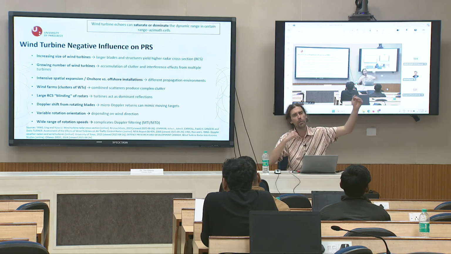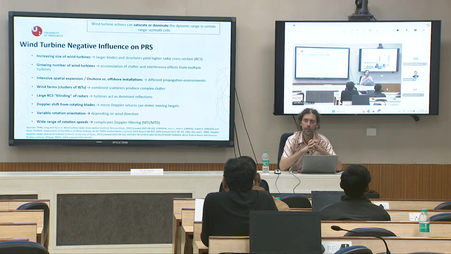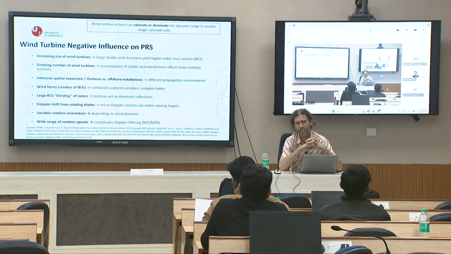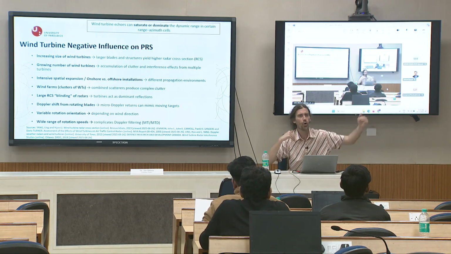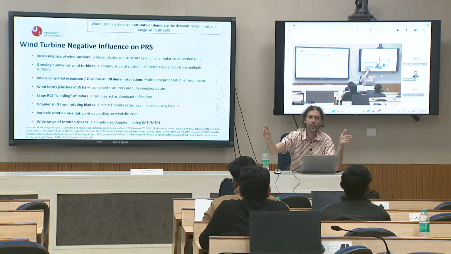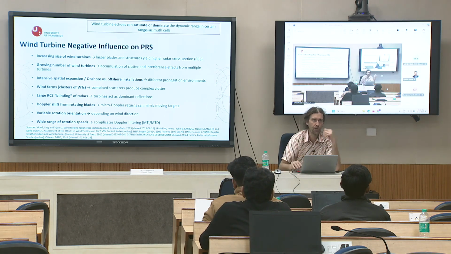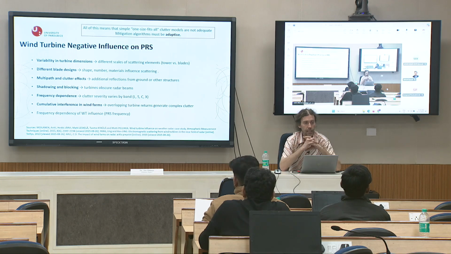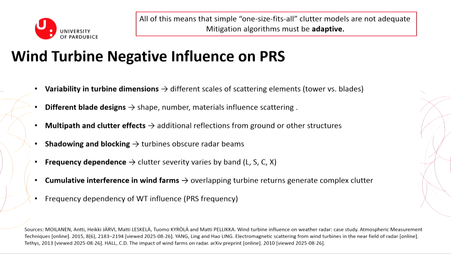Now these long blades, modern wind turbines, have speeds of 6 up to 8. Due to longer blades, they could have lower speed. So the variability of speed could be from 2 RPM up to 15, for example something like this. But this also depends on the size of the wind turbines. Next is variability in the turbine dimension.